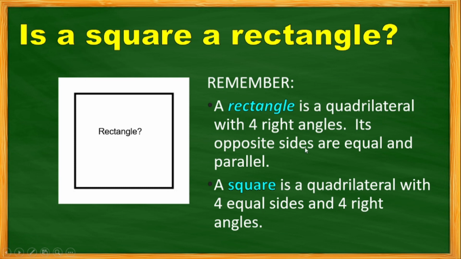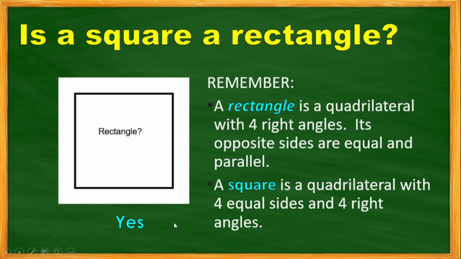So by the definition, we can say that a square is a rectangle because it satisfies 4 right angles and its opposite sides are parallel. The opposite sides of the square are parallel, and the other opposite sides of the square are parallel.